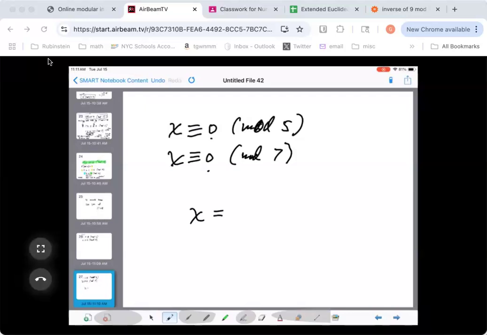Everyone think about that one. So this is our first Chinese remainder theorem question, where the things after the equal sign are both zeros, just to build up from what's the easiest, most intuitive Chinese remainder theorem question that we could think of.